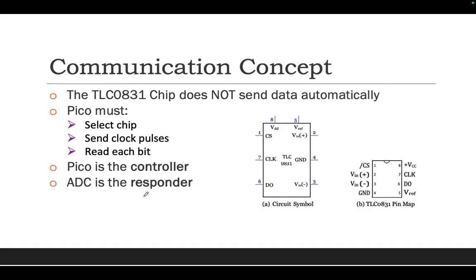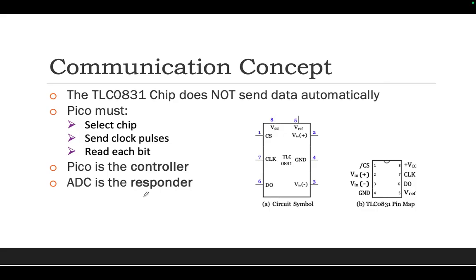You can see this chip, actually, does not send the data automatically. The Pico must select the chip, which means when you want this chip to work, the Pico needs to send this chip a signal, telling it, I need to communicate with you, and the TLC will say, okay, let's communicate.